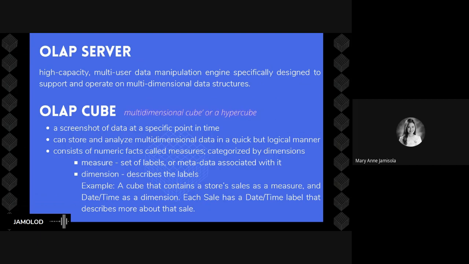So for example, a cube that contains store sales as a measure and date or time as a dimension. If we have a record of all the store sales, then we can drill it down into a specific date or time. So each sale has a date or time level that describes more about the sale.